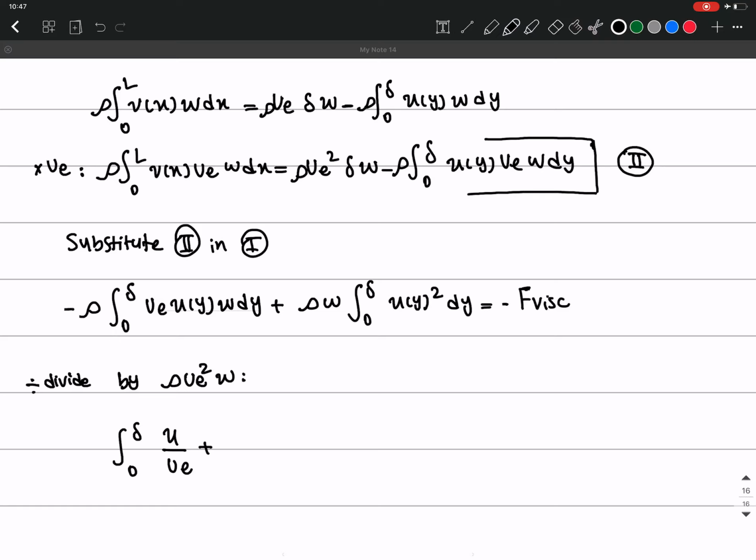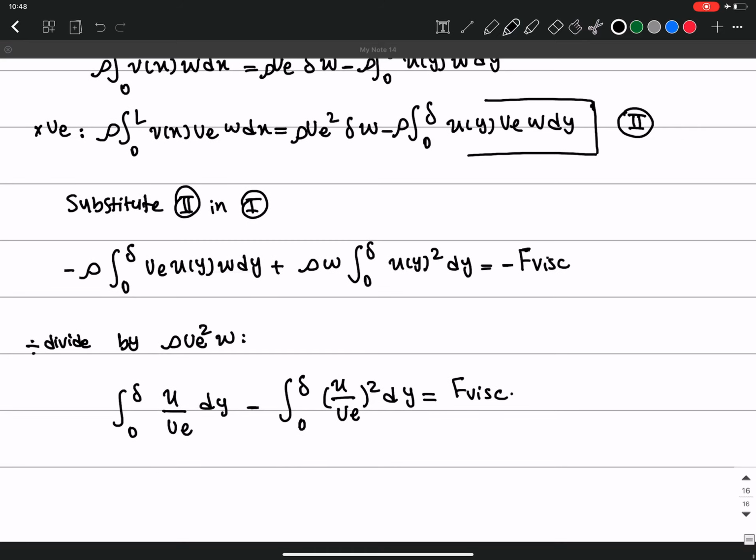Yes, this is minus F viscosity. So I'm also going to multiply it by minus dy, minus the integral from 0 to delta of the second term, which is U over UE square dy, equals F viscosity. This is what I want to find, okay?